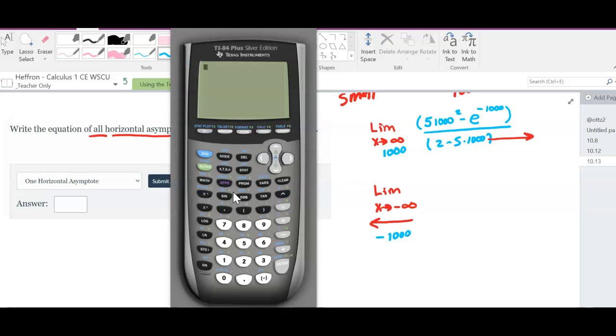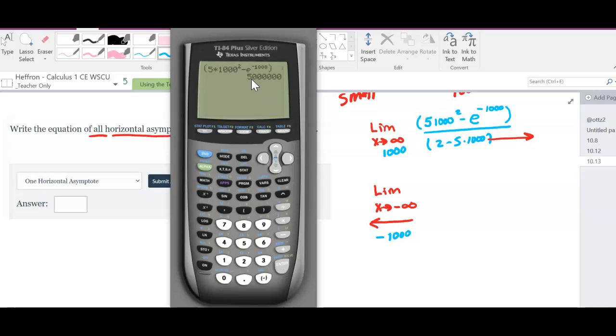Just so you can see what this looks like, we're going to use parentheses. 5 times 1000 squared minus e, which is this little blue above ln, so I'll do second e, and then I'm going to do negative 1000. Arrow down, I'm going to hit parentheses, and I'm just going to hit equals to make sure that this isn't such a small number it doesn't show up.